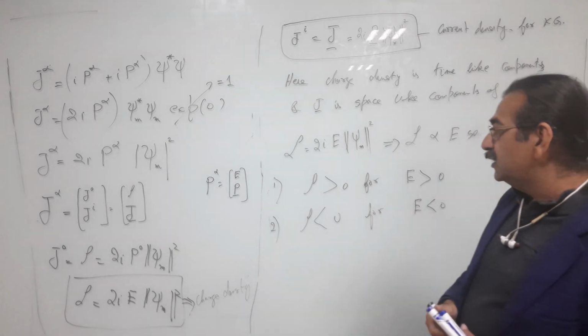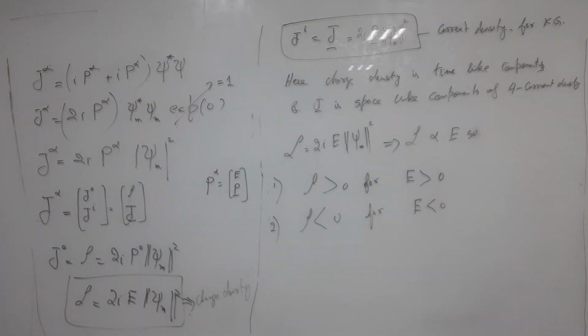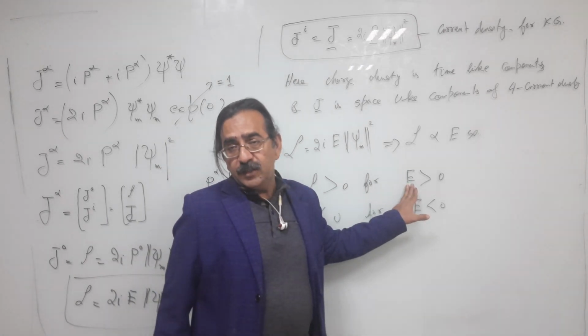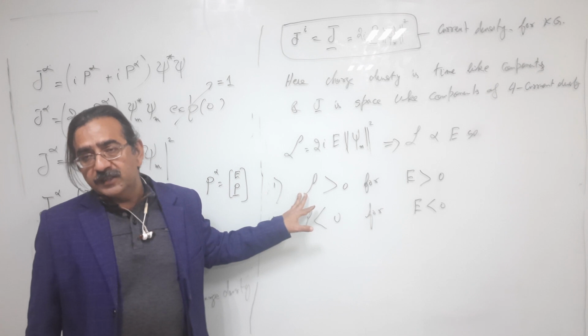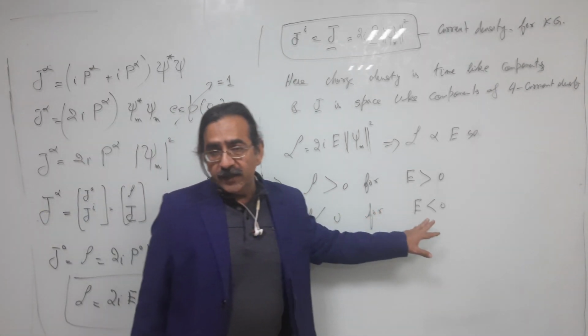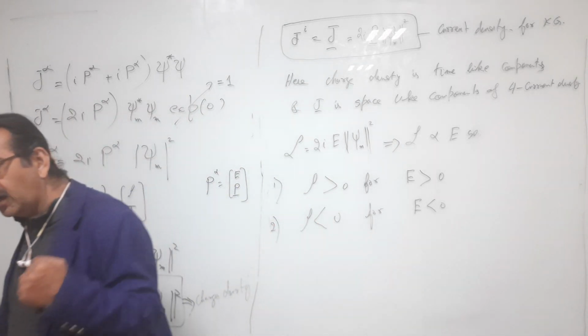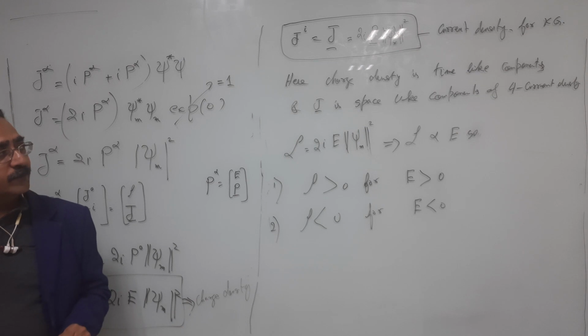Means there are two types of energy solutions: a positive energy solution with positive charge density, and a negative energy solution with negative charge density. Now the problem is that probability density must never be negative.